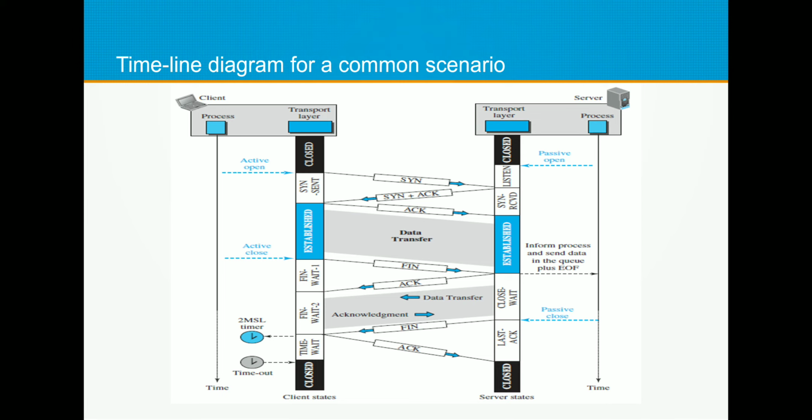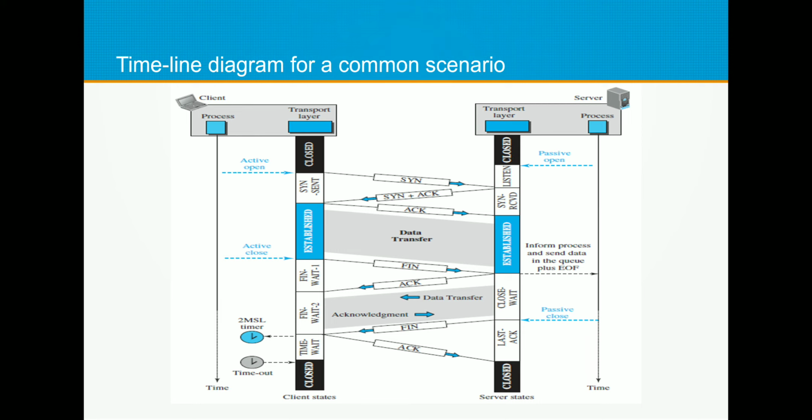If you look at the timeline prior to it, the timeline is starting from the top and moving in the bottom direction. As we move in the bottom direction, it means that time is elapsing. You can see it here. This arrow shows that time is increasing in the bottom direction.